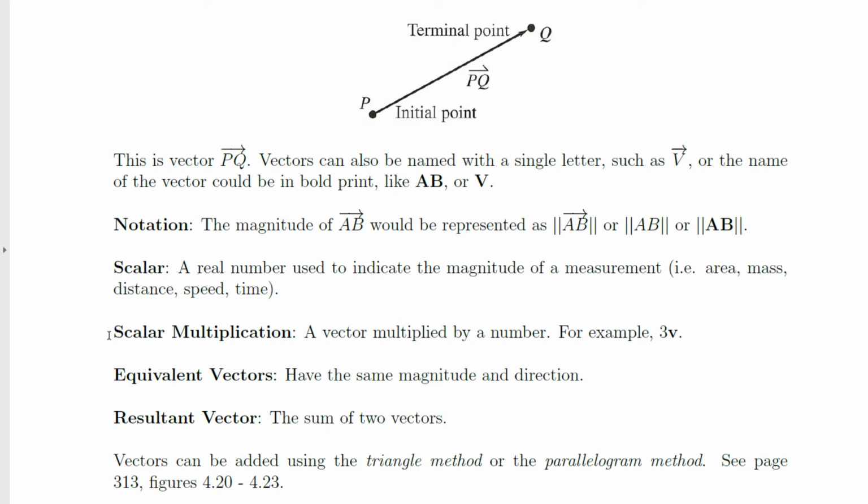Essentially, that's what a scalar multiplier is. It's just a coefficient that's being applied to your vector that's increasing the magnitude by that amount. So in this case, you have the vector multiplied by a number. You have, for example, 3v, right? That would be 3 times the amount of the vector.